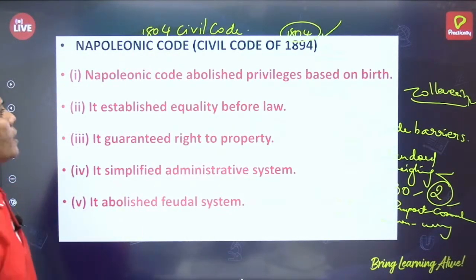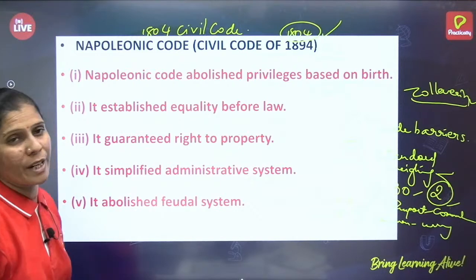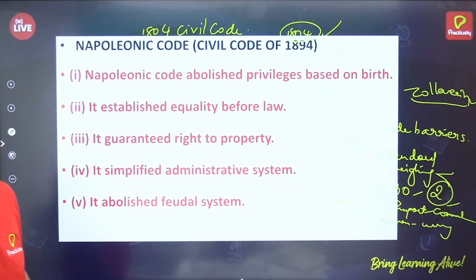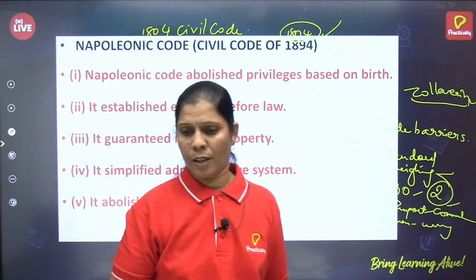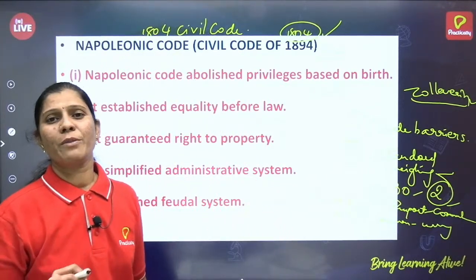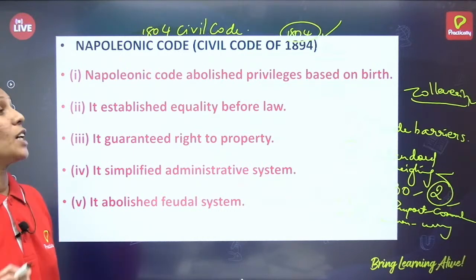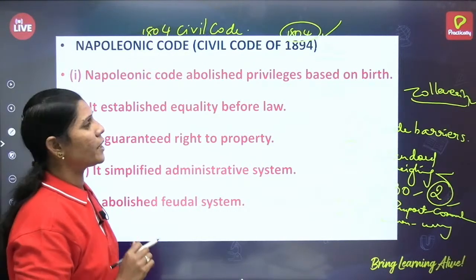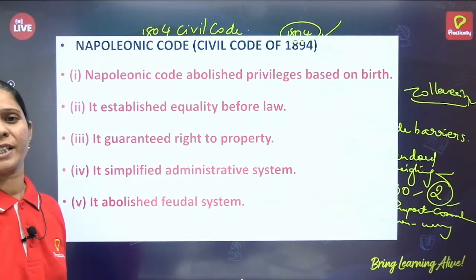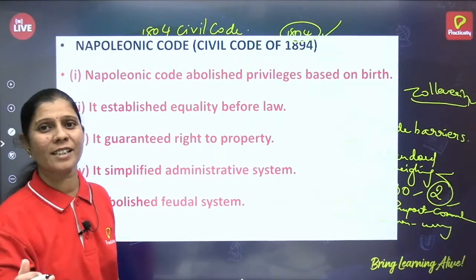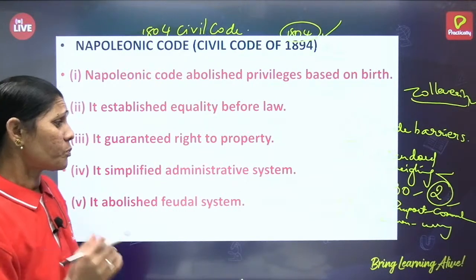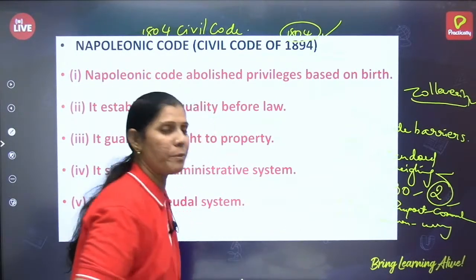So when all these changes had been made by Napoleon, wherever he went to different countries, these countries welcomed him. Wherever he went to extend his territories, he wanted to occupy the territories. In such cases, those people welcomed him freely.